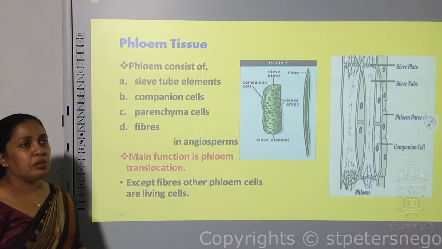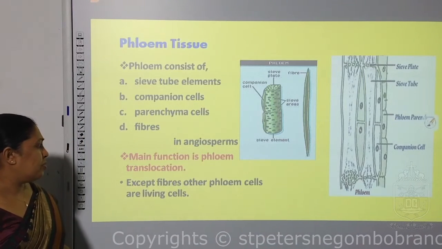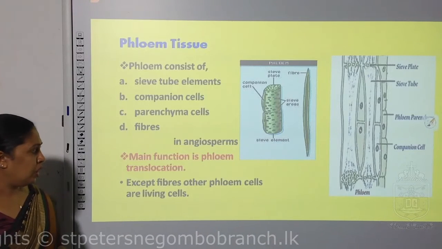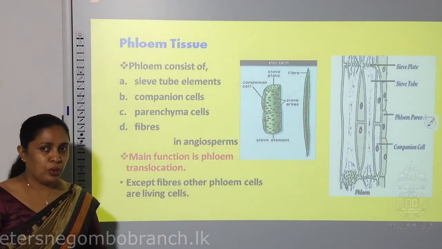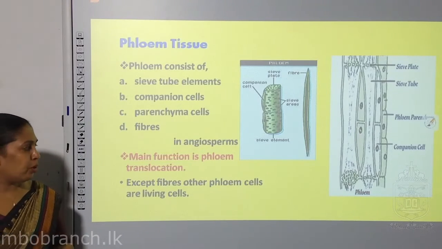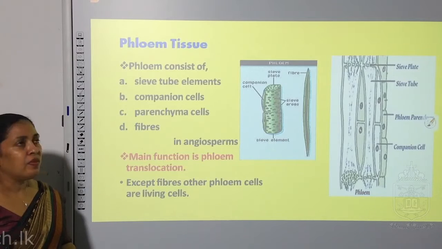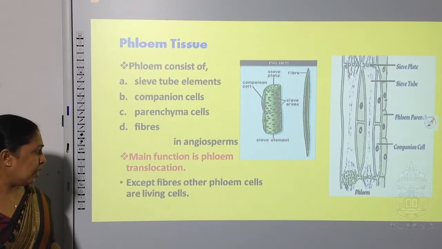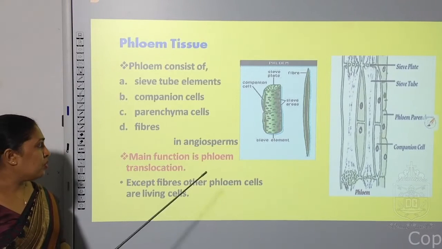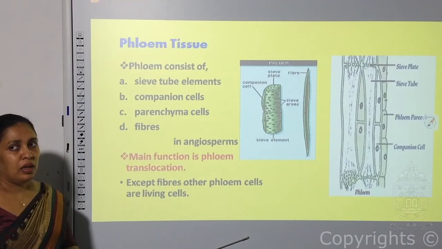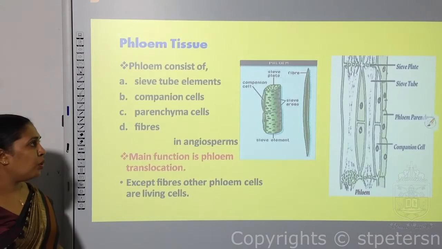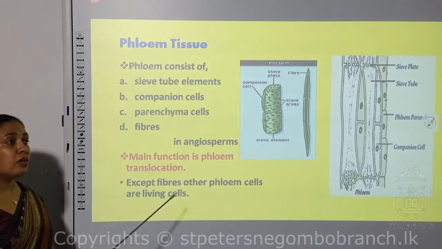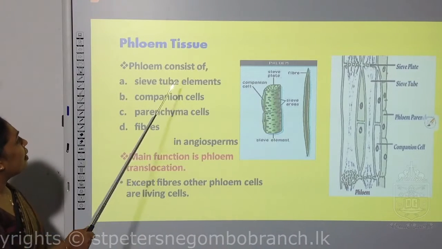Phloem tissue is differentiated for phloem translocation. It means transport of sucrose, or food produced by photosynthesis, throughout the plant body. They transport this unidirectionally and bidirectionally, whereas in the xylem they can only transport unidirectionally.